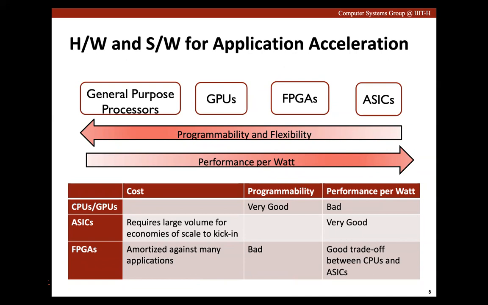ASICs are the best, and then FPGAs come next. But ASICs require large volume for economies of scale to kick in, whereas the same FPGAs can be used for many different applications, so we may still get economies of scale. They strike a good balance between CPUs and ASICs.